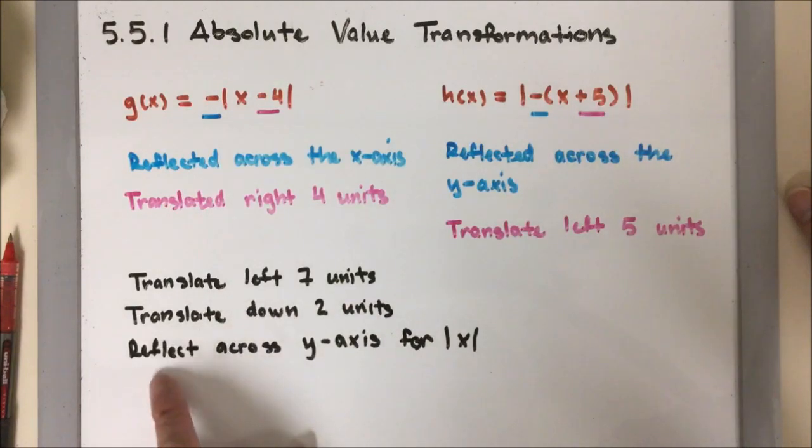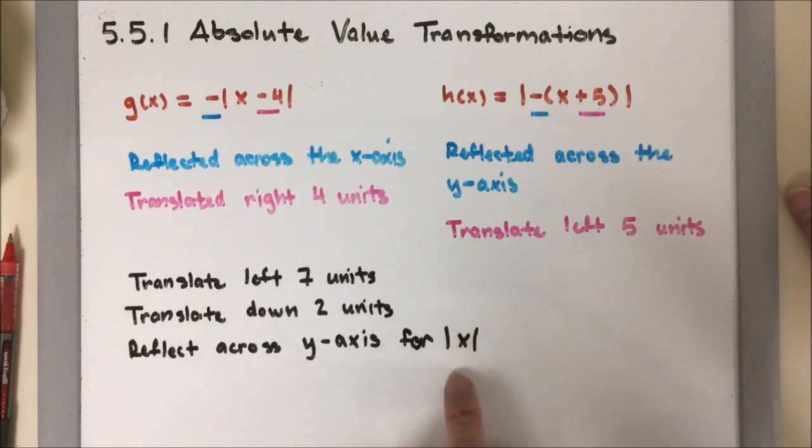And then the last one, reflect across y-axis for absolute value of x. So using the given parent function, the absolute value of x, we know what our function has to look like. Again, since we've only been working with absolute value, we already know what the equation looks like. But keep in mind that we're also going to be working with another function, quadratic, in this unit.